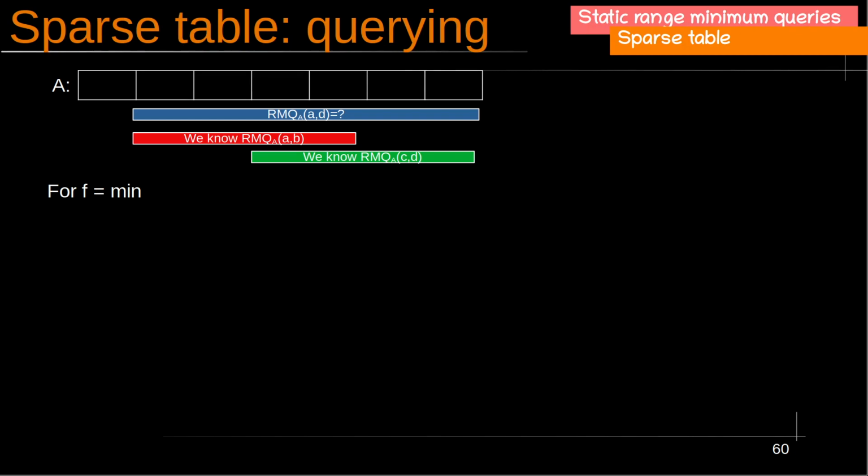How to query now using this sparse table?